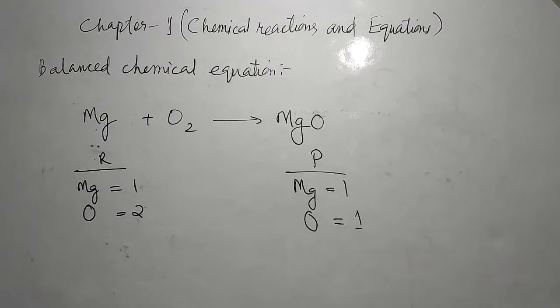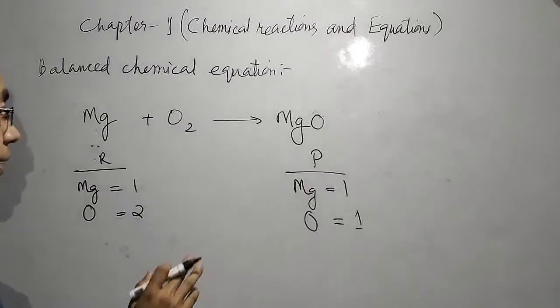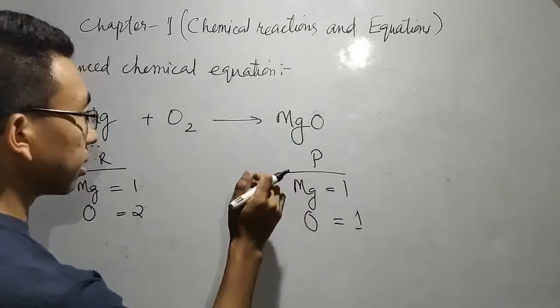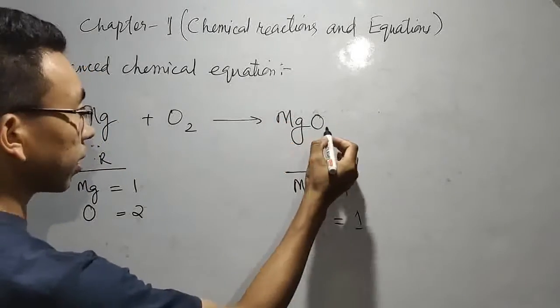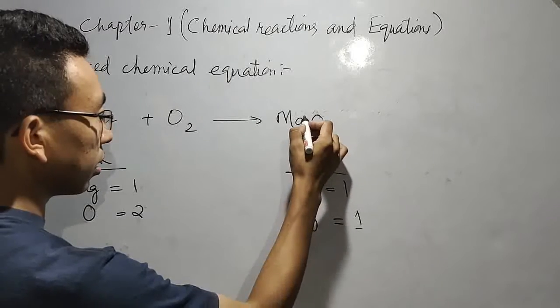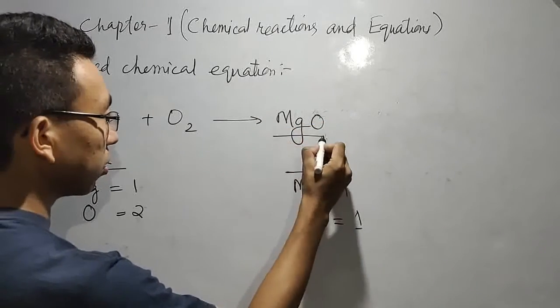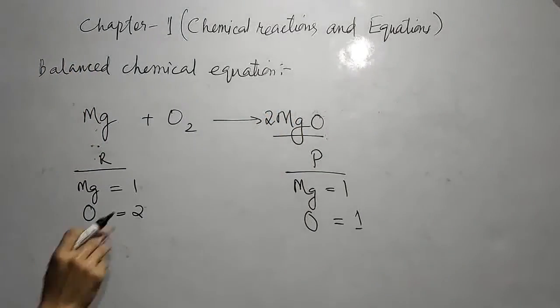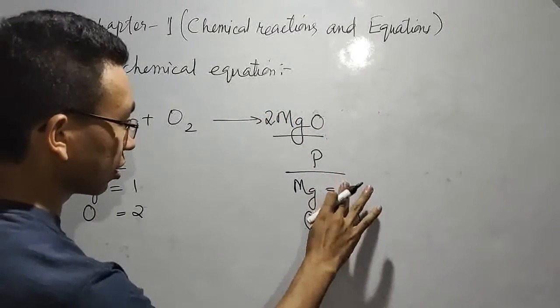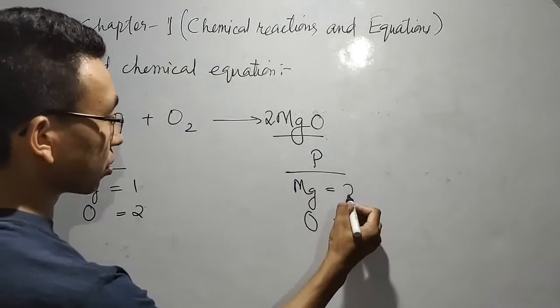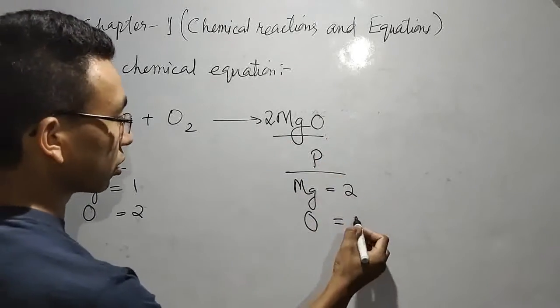In order to make it balanced, we have to multiply by 2 on the right side. When we multiply by 2, we multiply the whole molecule. Now 2 into Mg, so Mg is 2, and 2 into O, so oxygen is also 2.